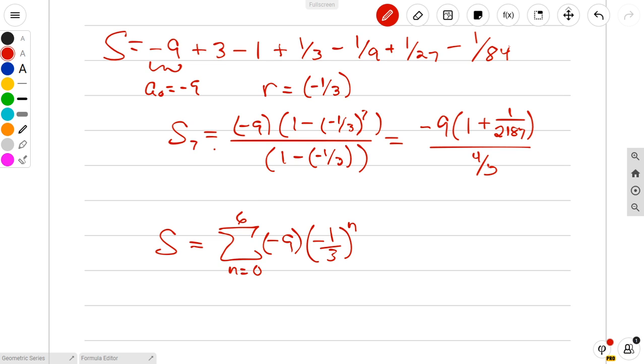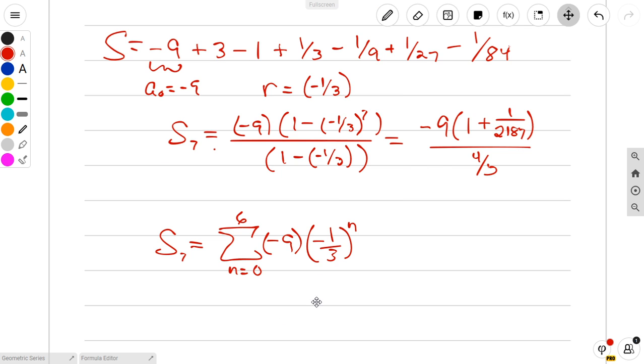Right? Yes, I believe that would be 0, because we're starting at 0, going to 6. That would be our 7th partial sum. Right? All right. So that is our partial sum formula.